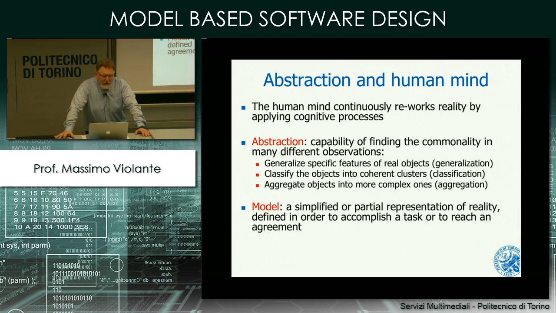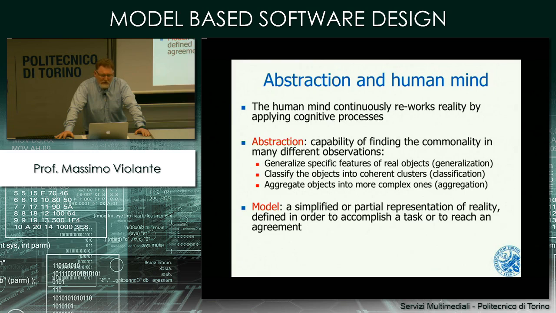Then, based on this generalization, we are able to classify. So if we see other objects that are different from the one that we analyzed first, but that contains the same relevant features, we are able to group them together in the same class.